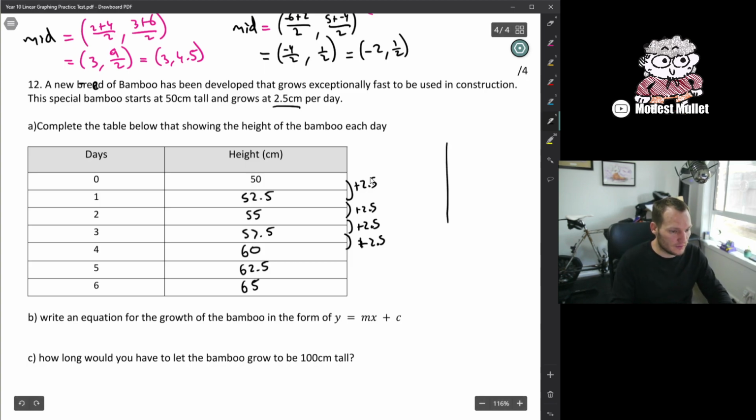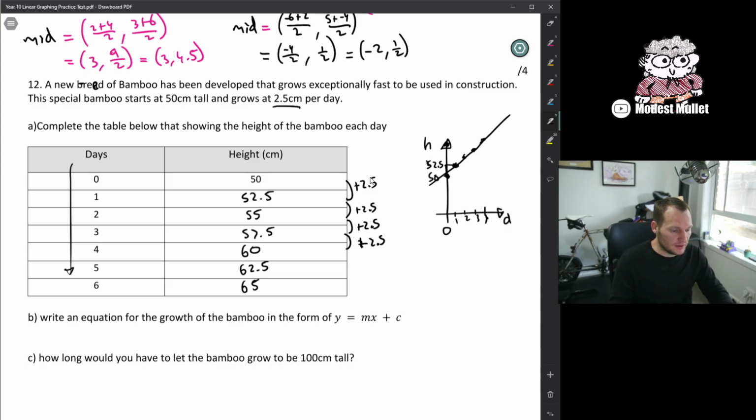Now, if we think of this as a bit of a graph, where this is days going across, and then that impacts the height of the bamboo at its 0 day, 1, 2, 3, 4, etc. It starts at 50, goes up 2.5 in a day, so it's there at 52.5, and that pattern keeps repeating, and it goes up like that.